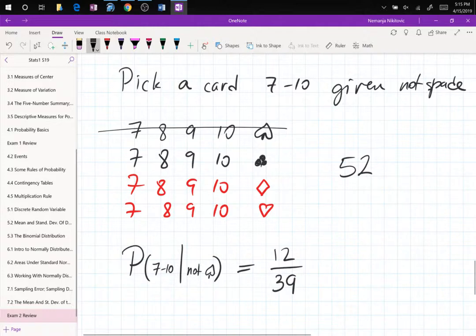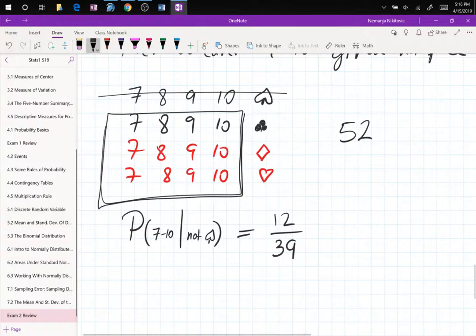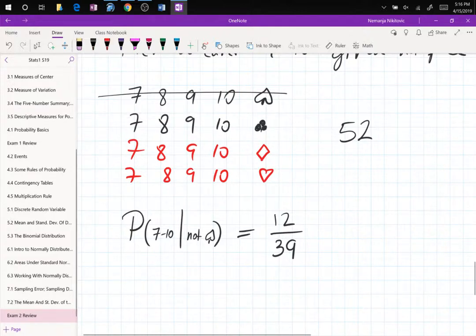We can define these probabilities on the side and then call them A and B. But it'll be 12 out of 39, because you are looking for one of these 12 cards under the condition that you are taking out spades.